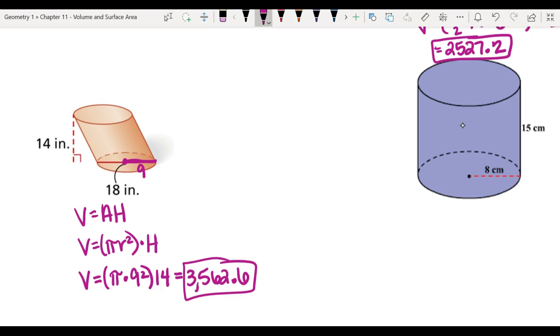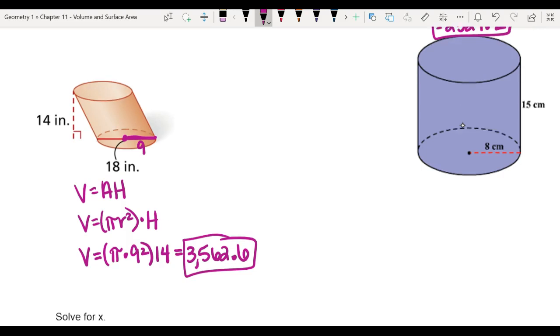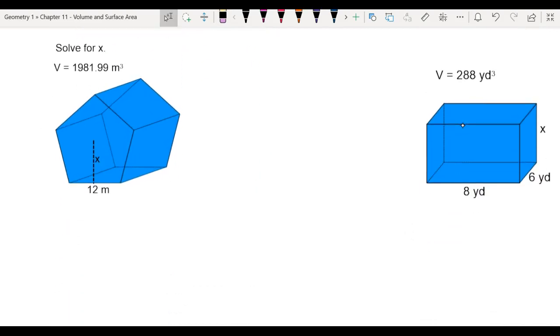Do we need to do another cylinder? Can we jump to the next type? If you already did it, it should be 3,000 some, 3,014.4.